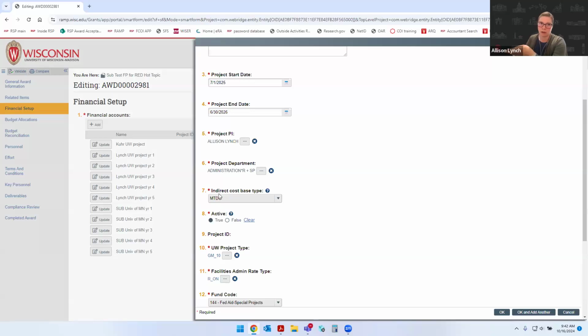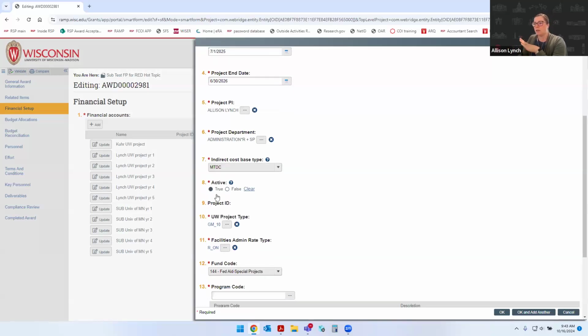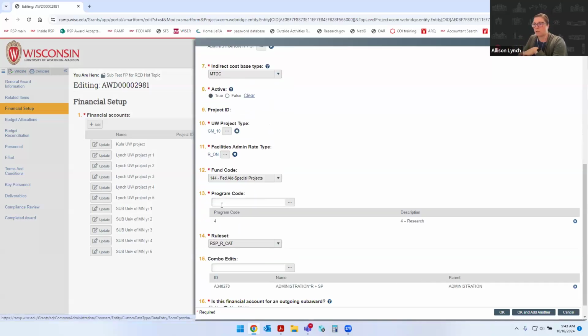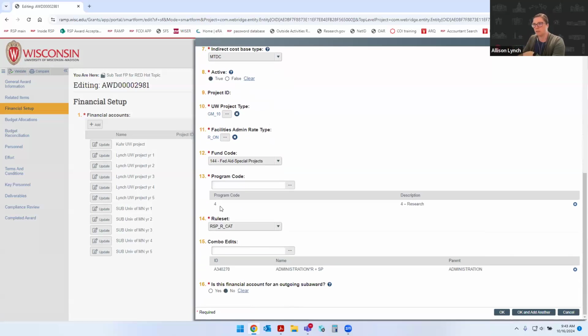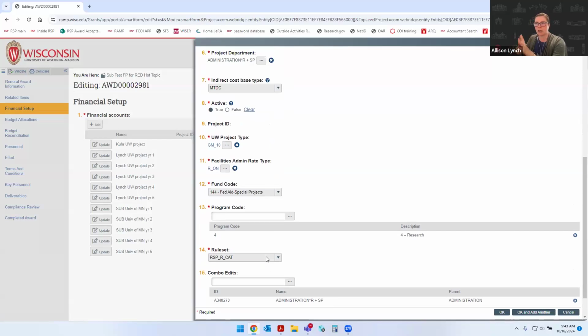We need Huron to make a correction here. So it's very important that you're entering the correct indirect cost base type on initial award creation. And then you're entering the GM codes and the rule set information. So you really aren't entering financial data in the financial setup page. That's really just project specific information.